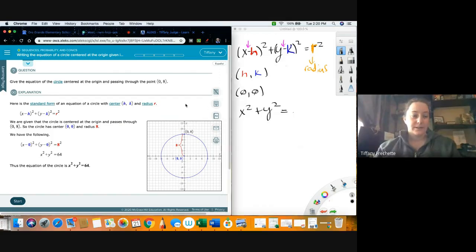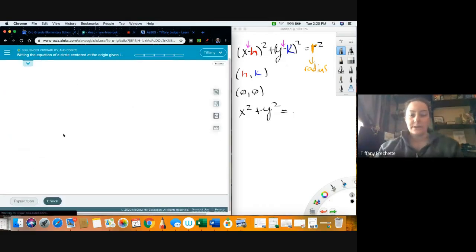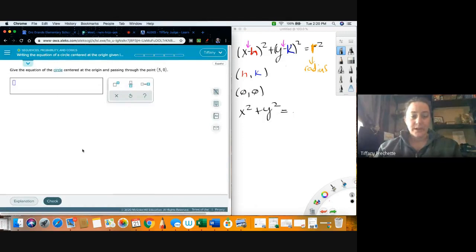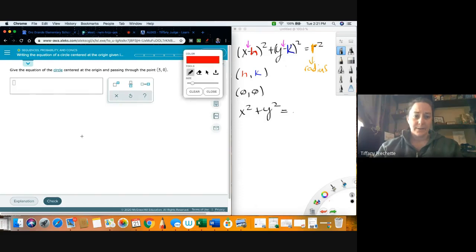Okay, so let's go ahead and click start so we can see the first one here. They don't give us all the diagrams on this one. They just give us that it's centered at the origin and it's passing through this point here. So it's passing through (5, 0).